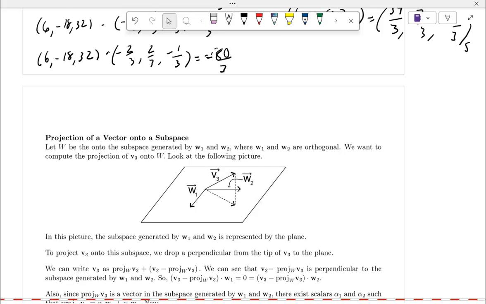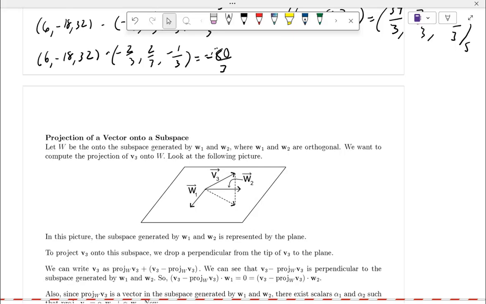All right. So let's say we have vectors W1 and W2. This W1 and W2 in the picture are in this plane that I drew that is representing the subspace. Okay. So W1, W2, they're orthogonal to each other, and they generate this two-dimensional space the way I have it. I've got some other vector V3.